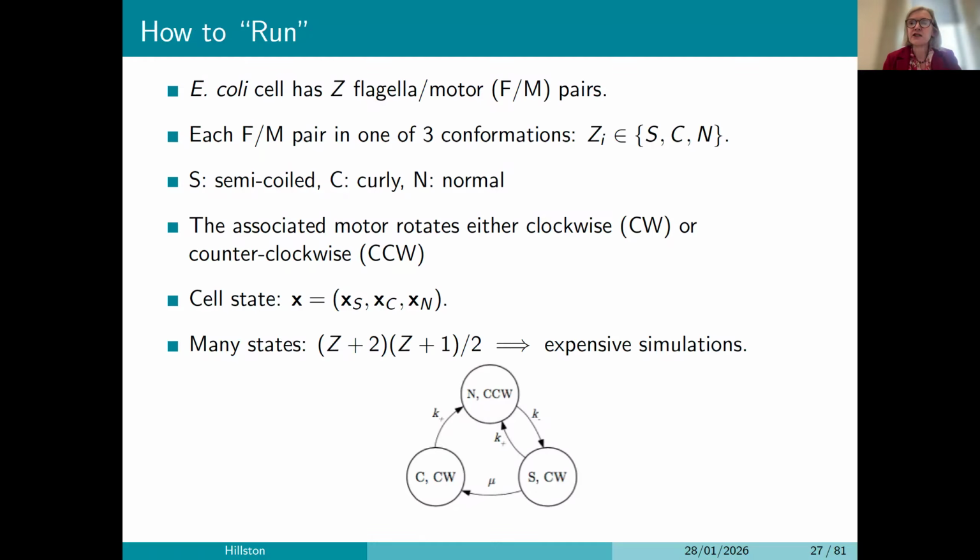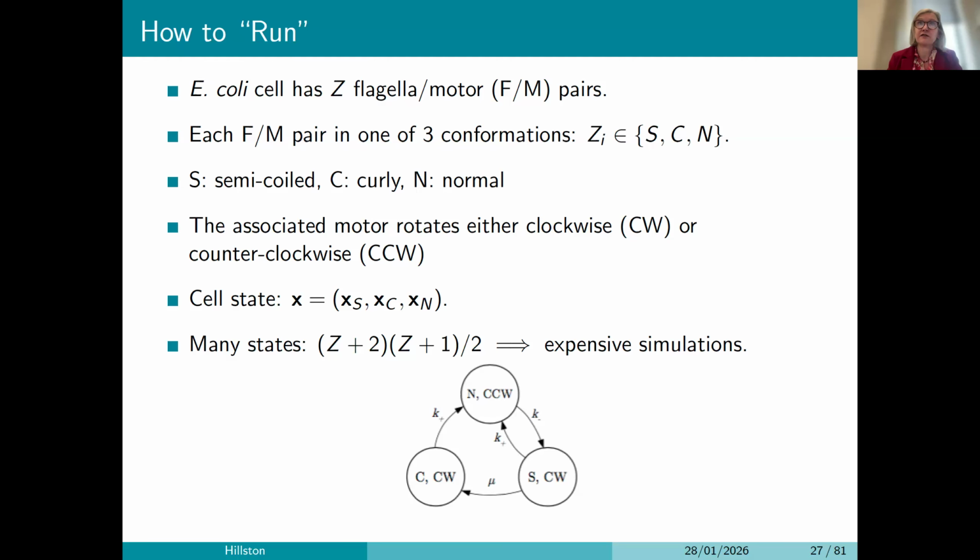So to understand this decision between run and tumble, we have to understand a little bit about how E. coli works. So this is a cell with a number of flagella, which you can think of as hairs that stick outside the cell. And each flagella is rooted in a protein that's on the cell membrane, which is called the motor.